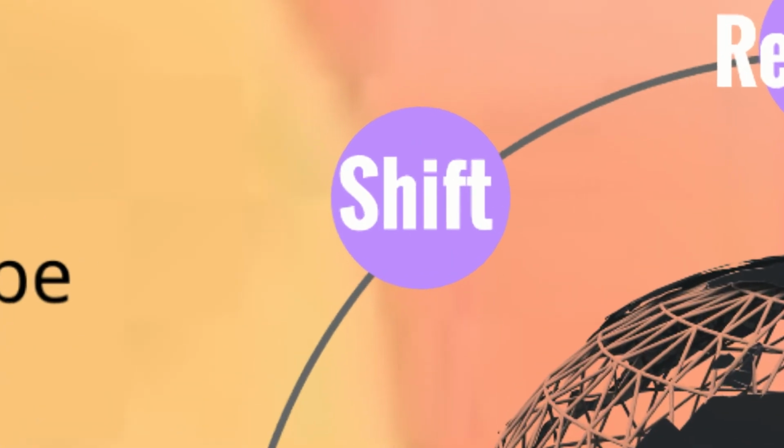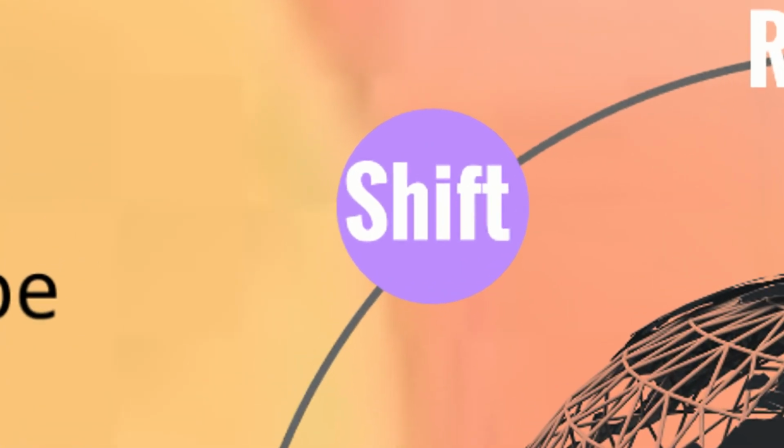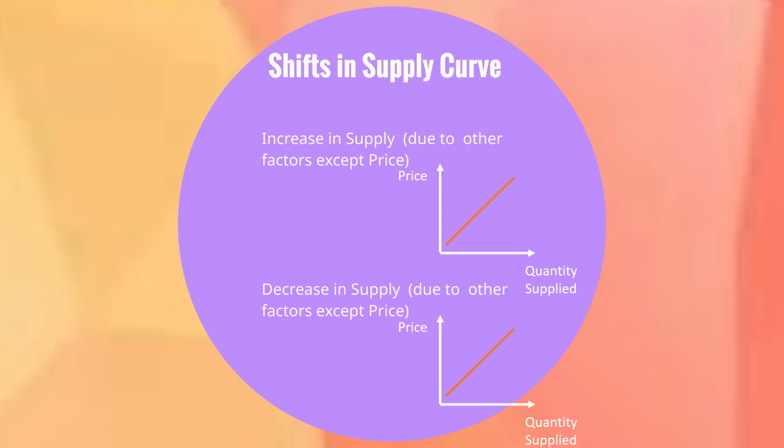Shifts. Shifts mean the whole curve moves from one place to another. So this is an increase in supply due to factors except price. When the curve shifts towards the right, there is an increase in supply. But when it moves towards the left, then it's a decrease in supply.